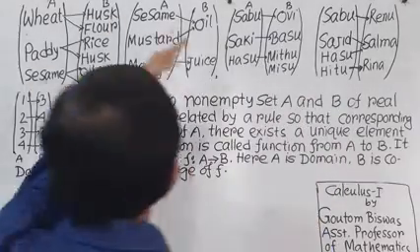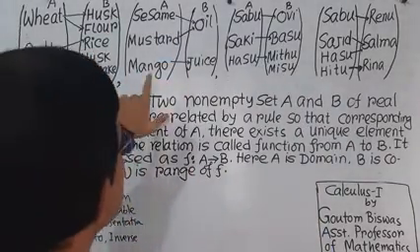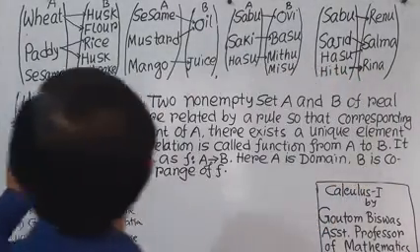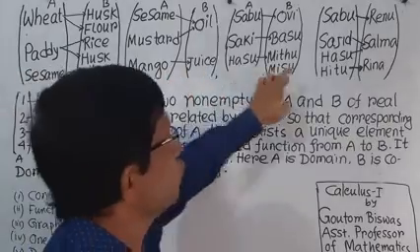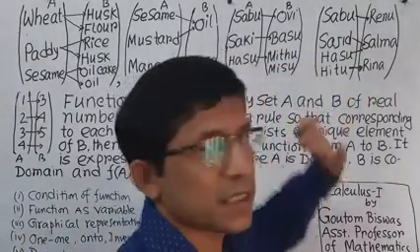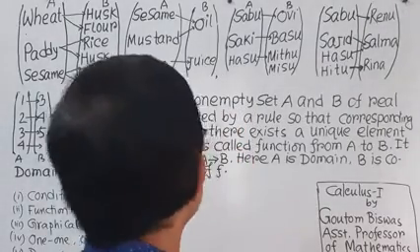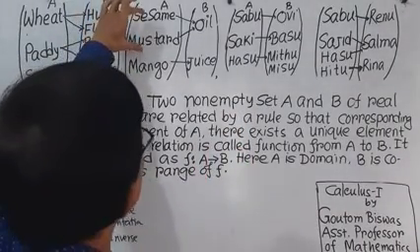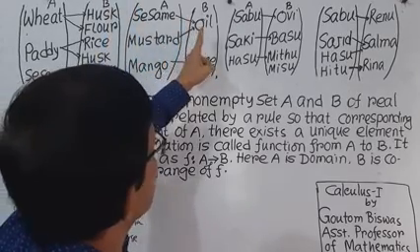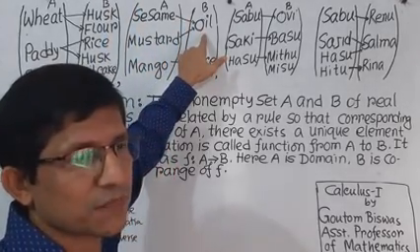But among these relations, see the examples, these three, 1, 2 and 3 examples. In these examples, you can see that each element of the first set relates with only one, unique element of the second set.